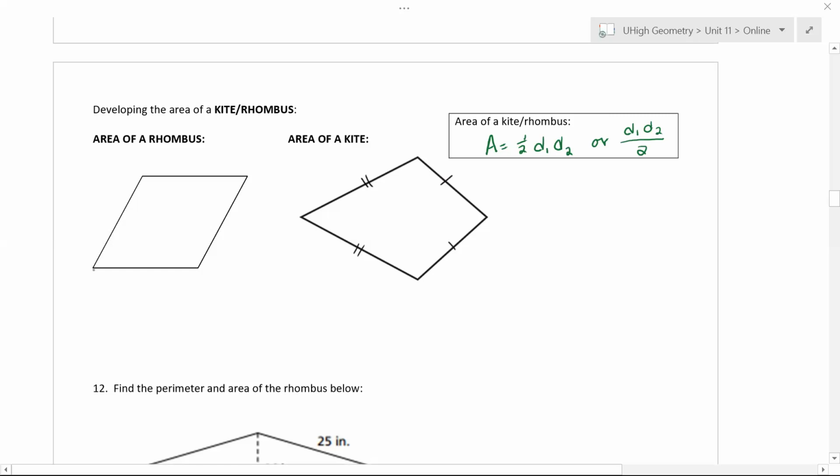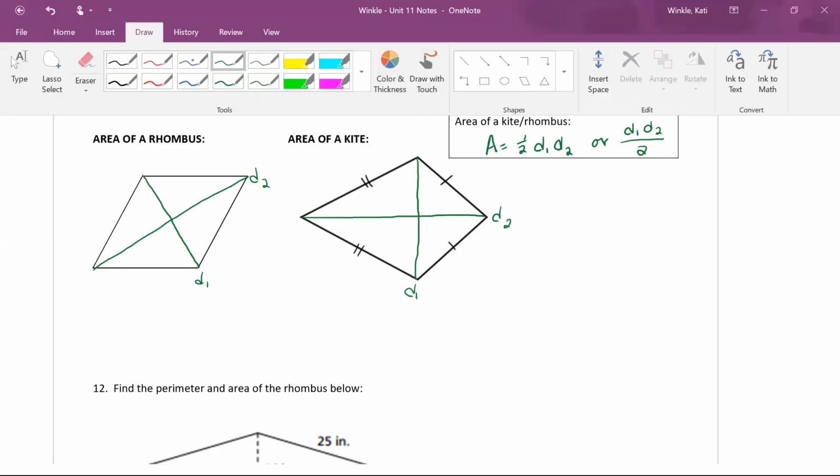So the first thing we want to look at is the diagonals of each of these shapes. So if I draw in my diagonals for each one, and I'm going to label diagonal 1 and diagonal 2 on each one. Now, if I wanted to find the area of each of these shapes, let me go ahead and switch colors really quick.